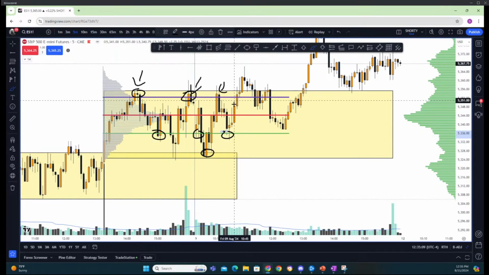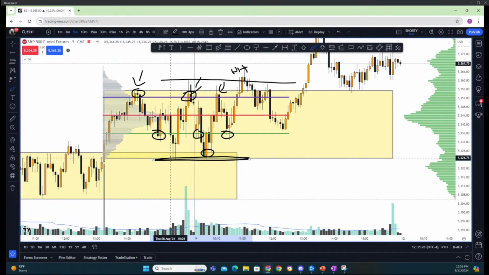Then, how many times did you crack above value area high, and did you make higher highs? In this case, you made a higher high, not a nice one, but you broke it. Here, you did not make a lower low at the extremes. Here you did, you're coming back, and then of course you're breaking that. And what did they do after?